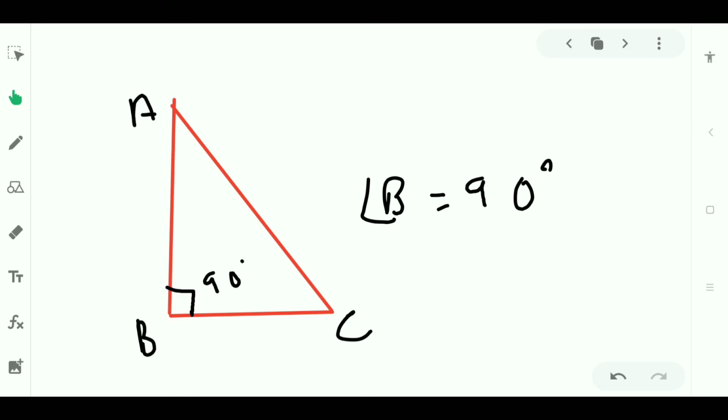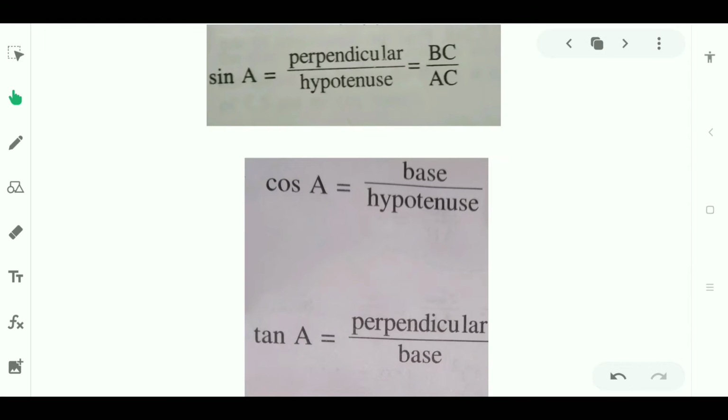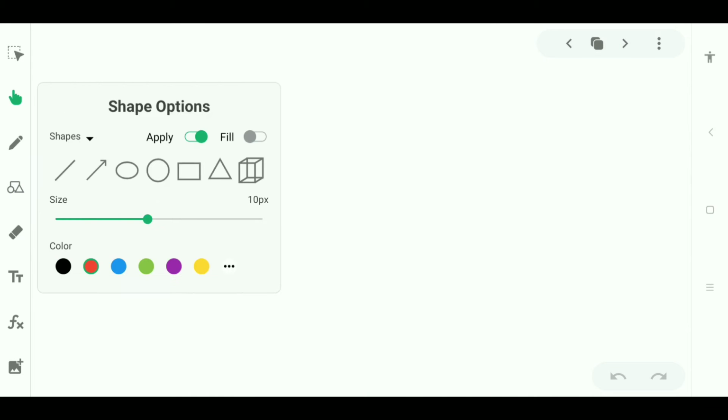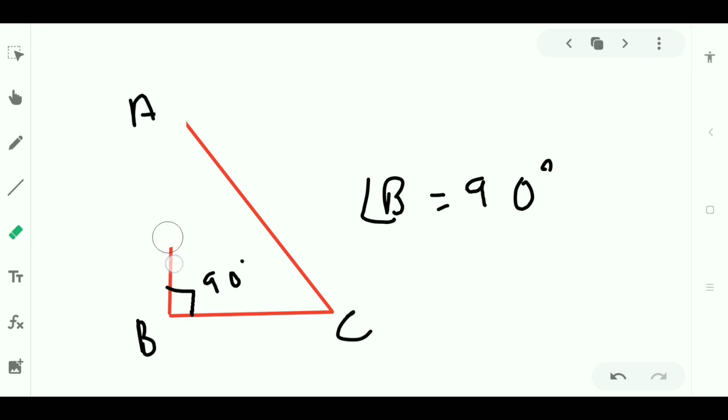Now here we have particular ratios: sin A, cos, tan, cot, secant and cosecant. Before going to that, we'll do all this in a right angle triangle and then proceed further.